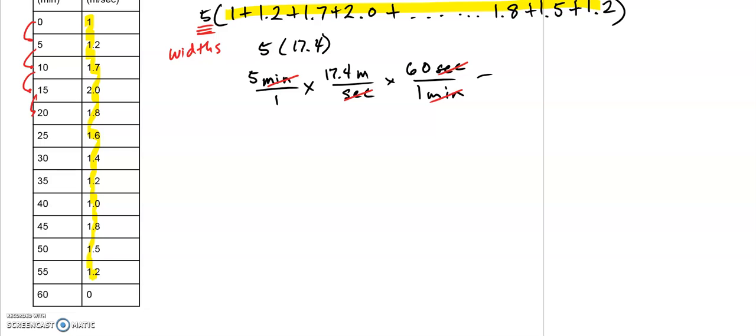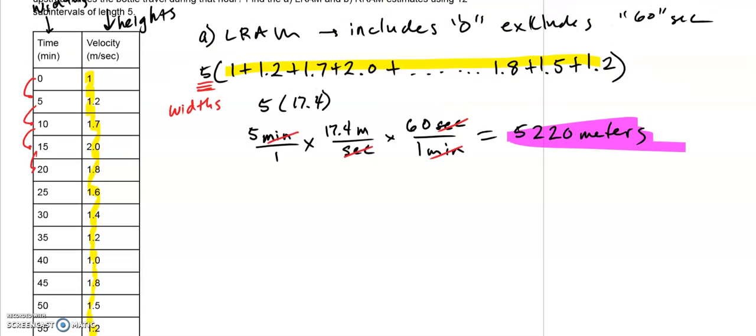So you'd have 5 times 17.4, times 60, which gives you 5,220. And that is just in meters. So that's how far that bottle traveled given that time.